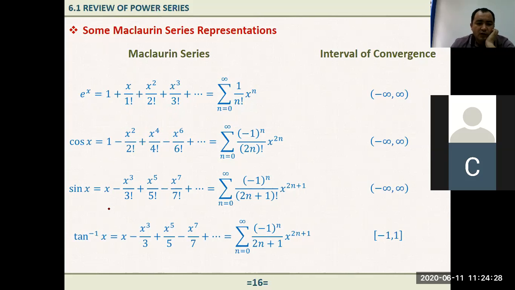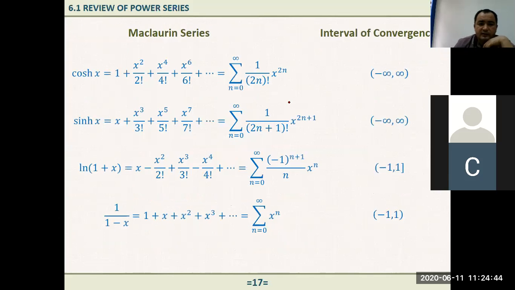In a similar way, sine of x is equal to this, again using the Taylor series, differentiating and evaluating at 0, which gives the Maclaurin series. We can write its representation in this way. And we have tangent inverse, cosh, sinh, and natural logarithm of 1 plus x is equal to this, and 1 over 1 minus x also equals this.